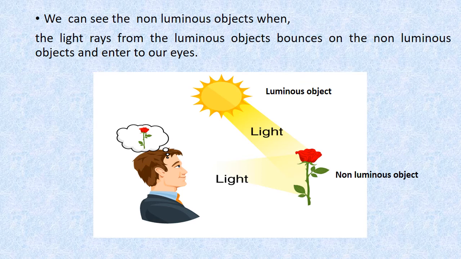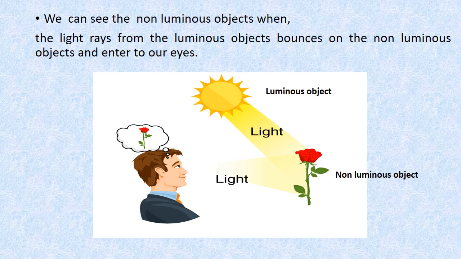So, although non-luminous objects do not produce light, how can we see them? We can see non-luminous objects when the light rays from luminous objects bounce off the non-luminous objects and into our eyes. Look at this picture.